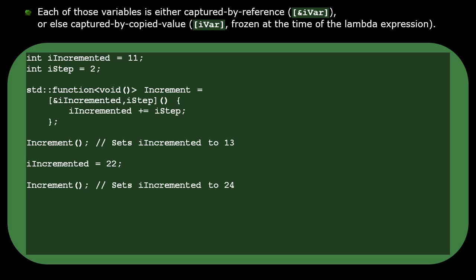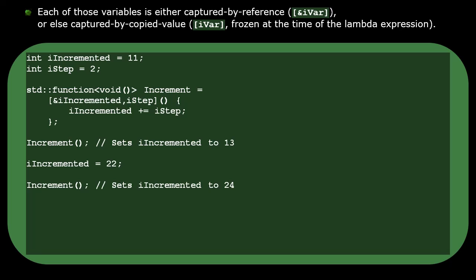When this lambda is evaluated, that local iStep variable is also evaluated. At that point in time, iStep evaluates to 2. This lambda copies that value of 2 and remembers it in its own memory storage.